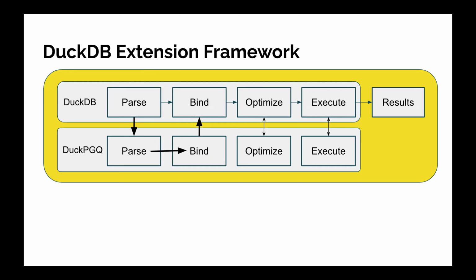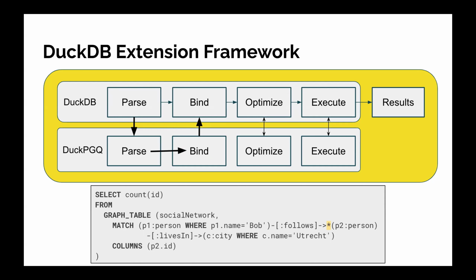Executed, okay. So all these stages are extensible. Of course, SQL/PGQ is a language extension, so you need a parser extension. Parsers are actually famously not extensible, because something like Bison generates a state machine, and if you change something in the grammar, the entire state machine changes.